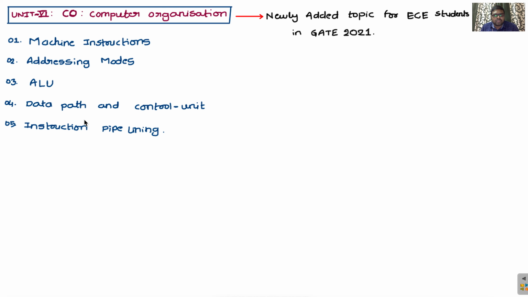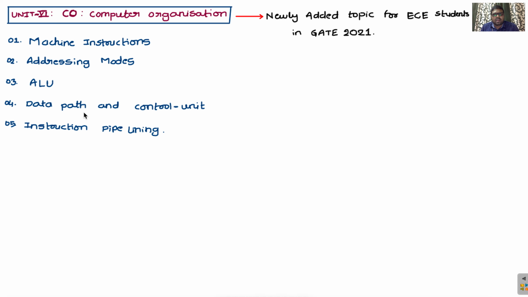This is completely the sixth unit. For ESE, the Engineering Service Examination, this is one of the separate subjects in paper 2: computer organization, and also some programming language, database management system, basic programming language, and basics of operating system.